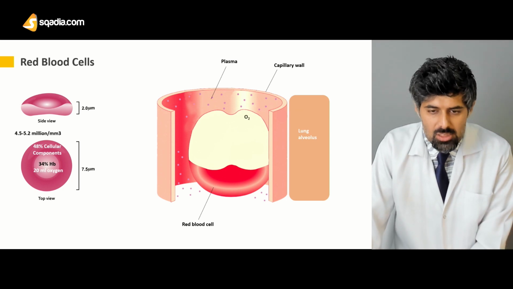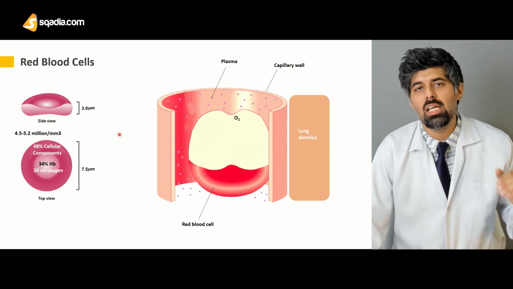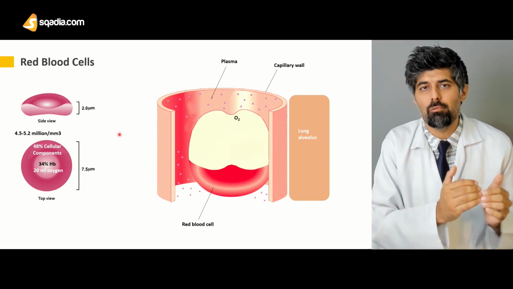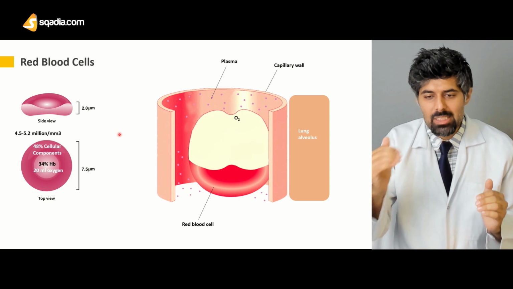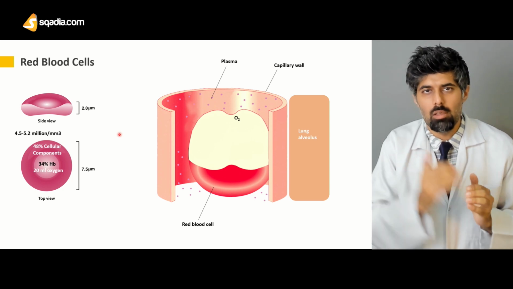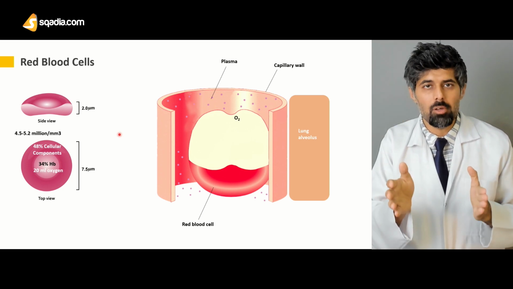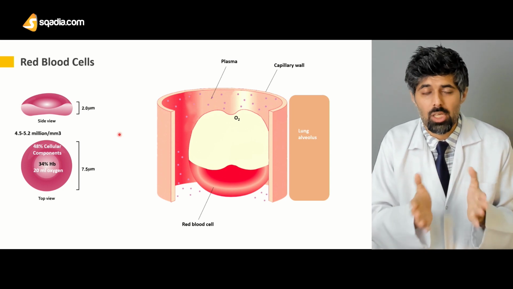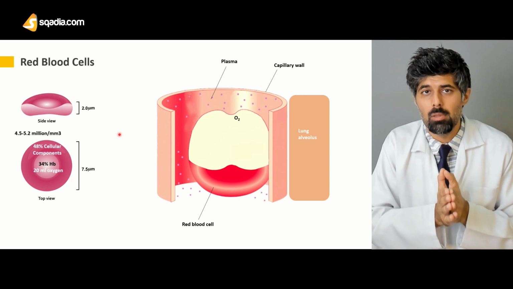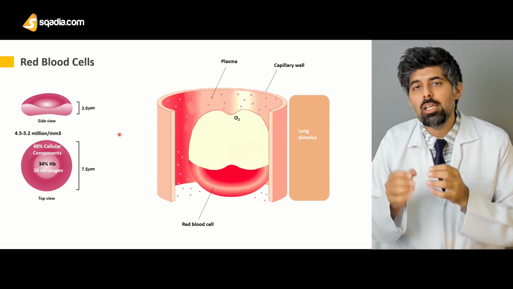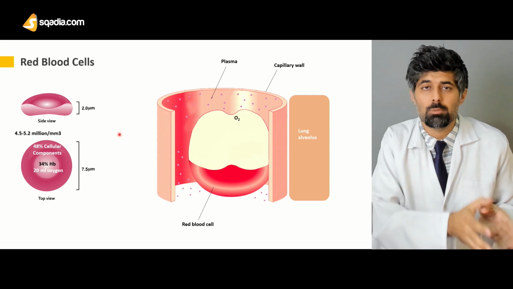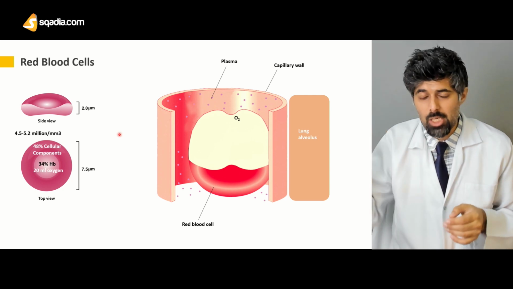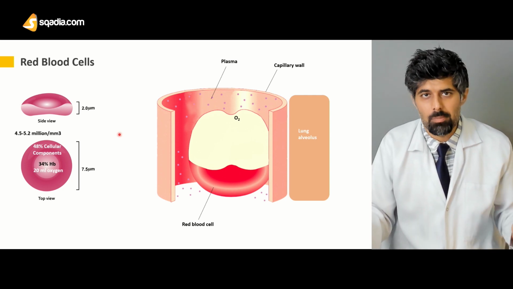When this transport happens, it happens through simple diffusion. But this collection of membranes, the alveoli, the capillary membrane, and the RBC membrane, is what is known as the respiratory membrane. So oxygen simply diffuses across the respiratory membrane from the alveoli to the RBCs.